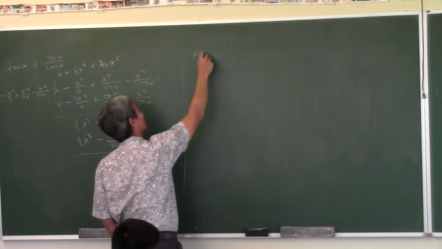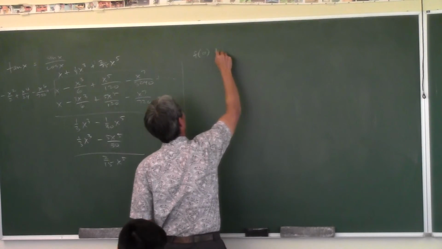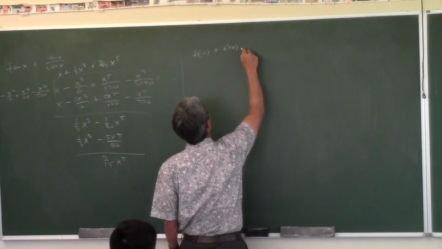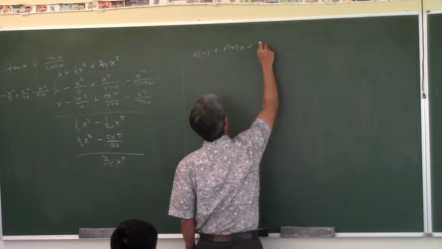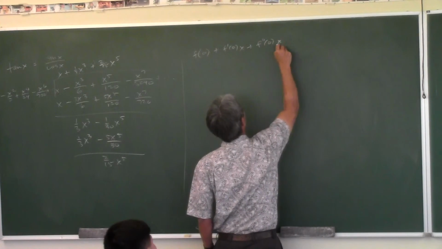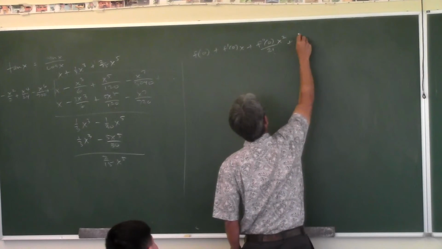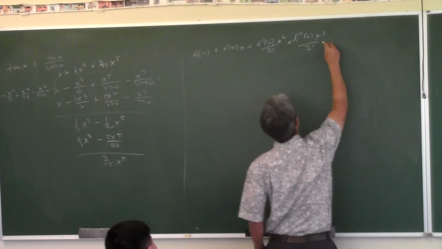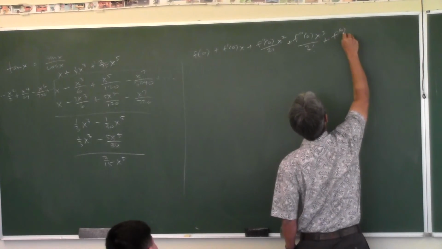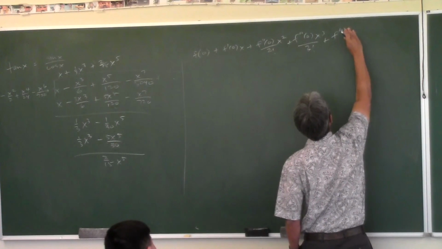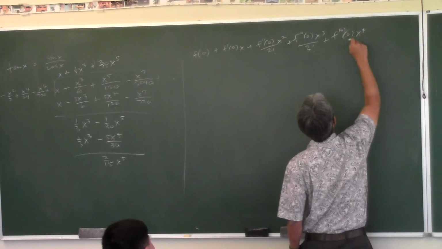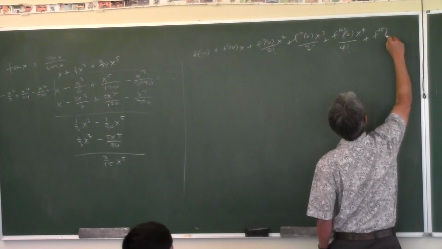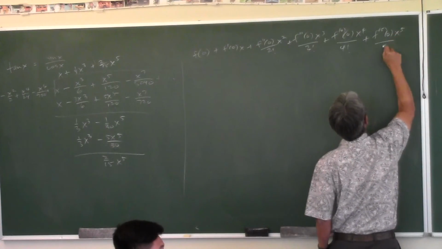So f of 0, plus f prime of 0 times x, plus f double prime of 0 x squared over 2 factorial, plus f triple prime of 0 x cubed over 3 factorial, plus f fourth prime of 0 x to the 4 over 4 factorial, plus f fifth prime of 0 x to the 5 over 5 factorial.